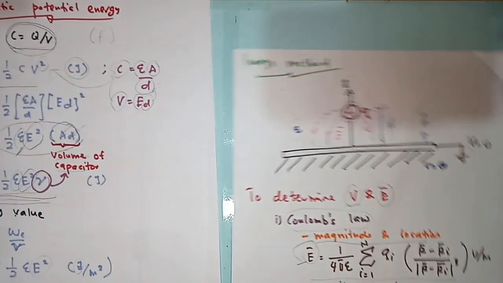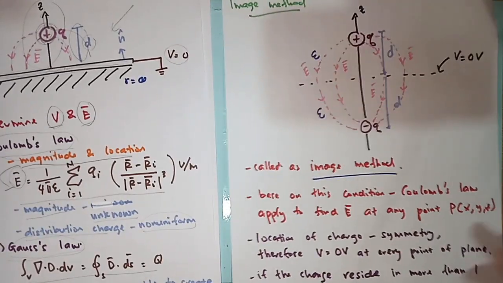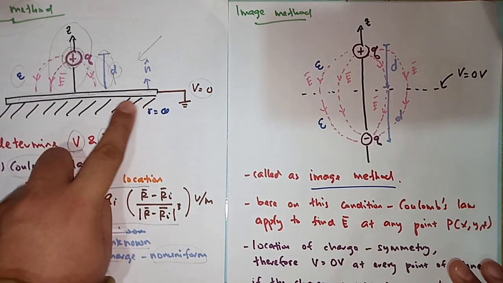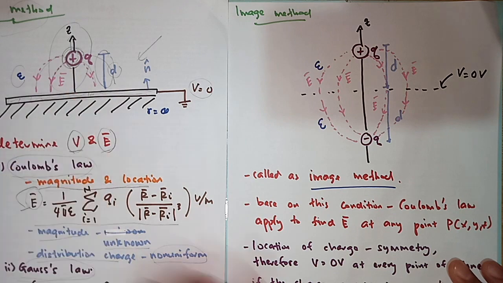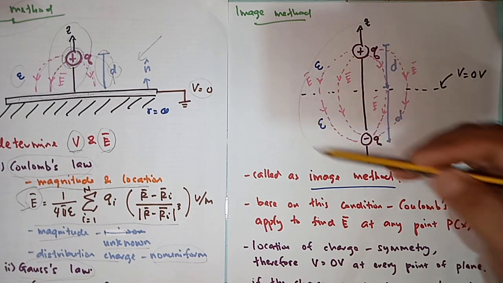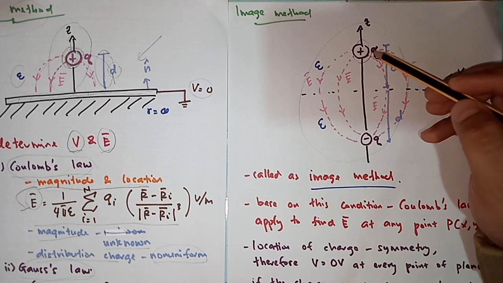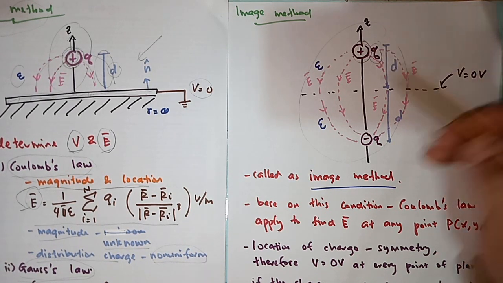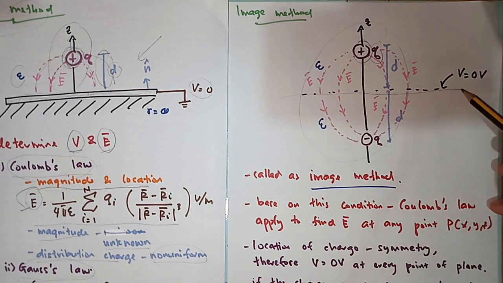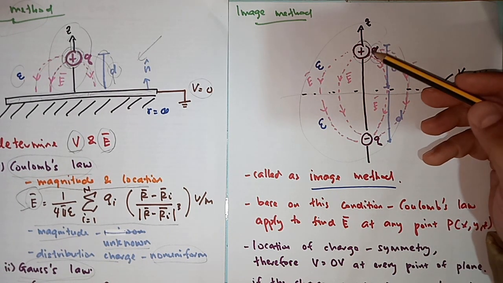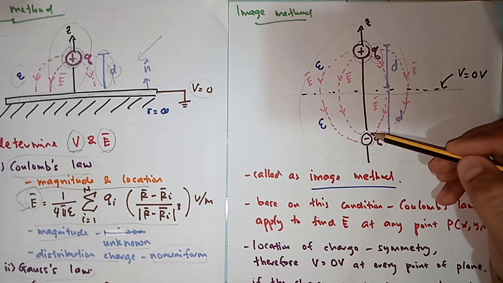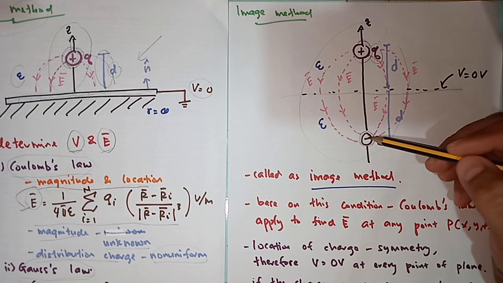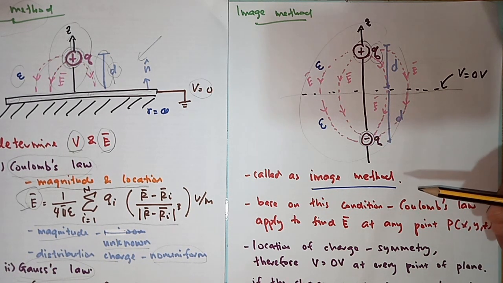So in order to solve it, since this plate potential is equal to 0, it is almost similar to this case, where this is our original point charge, and the value of this charge is Q. This is our 0 volt plane, and then it is as if we have another, almost similar charge here, but in this case the charge value is negative.